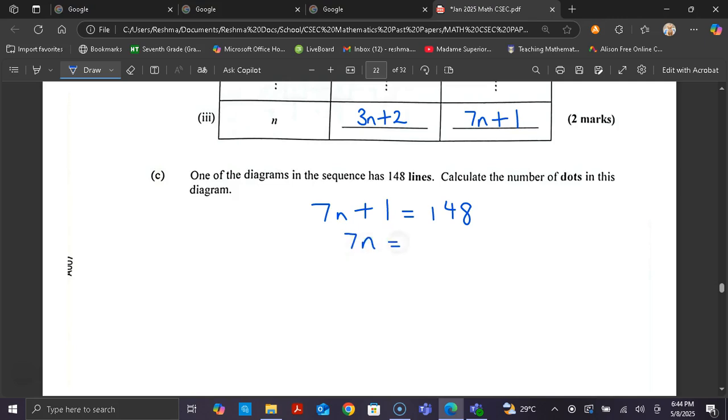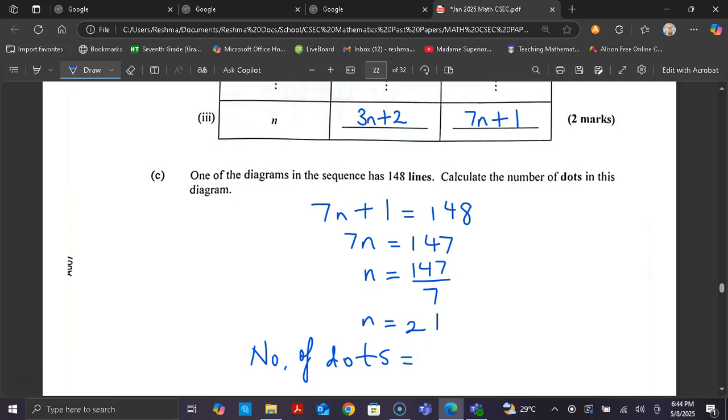So if I subtract 1, 148 take away 1 is 147. And then we divide by 7. So 147 divided by 7, n is 21. So for the 21st diagram, the number of dots is given by 3n plus 2.